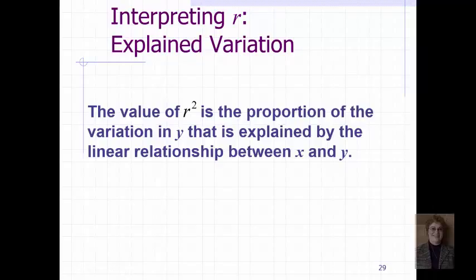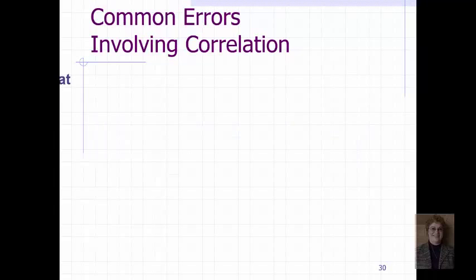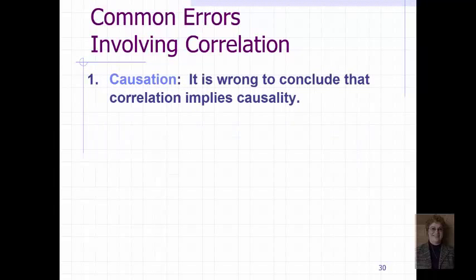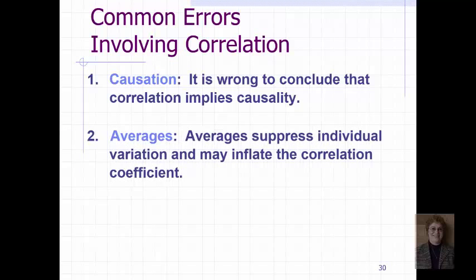But let's talk about some common errors involving correlation. First of all, correlation is not causality. We need a lot more than a simple calculation to show that one thing causes another. When we use averages, averages suppress individual variation, because remember, average data is less variable than individual data, and that could inflate any correlation coefficient.